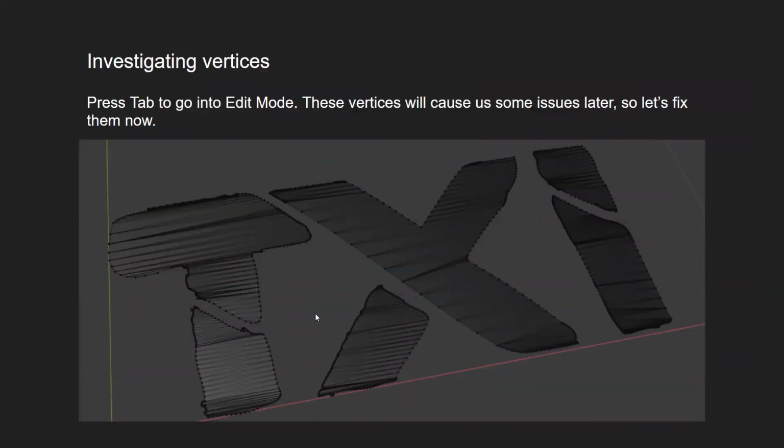If you hit tab, you'll go into the edit mode, and you can see how Blender interpreted these curves. This looks a little bit confusing, but basically these are the faces of the geometry. And that's not going to work for us because when we want to extrude it and mold it a bit, it's going to act really weird.